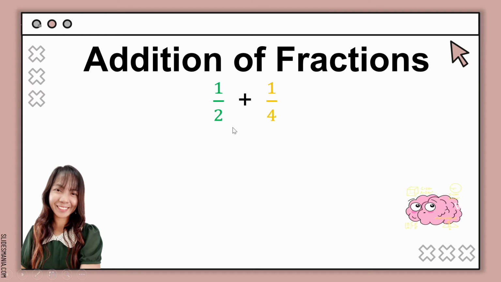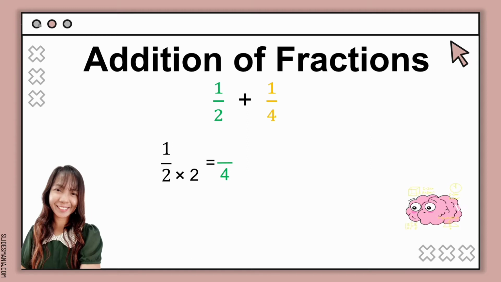In this given fraction, we can convert the 2 into 4, right? So let's write 1 over 2, and then think of a number that when you multiply it to 2, will give you 4. Times 2.